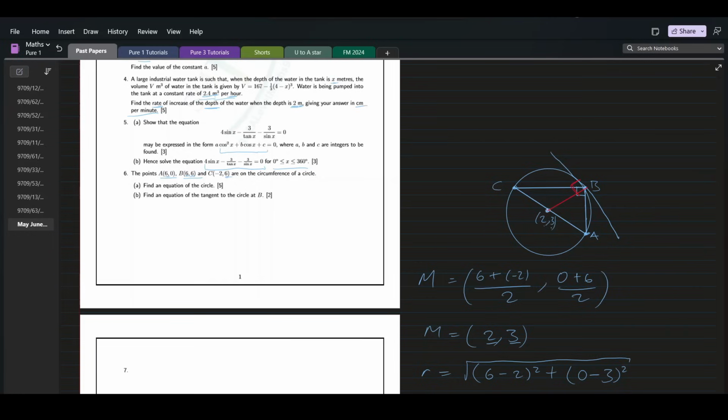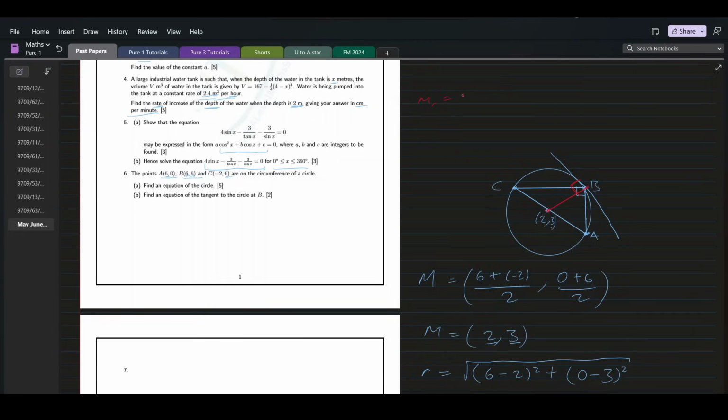So if we can get the gradient of this red radius over here, we can then use the idea that the product of the gradients of perpendicular lines is equal to -1, and that will allow us to evaluate the gradient of the tangent and therefore help us to get the equation of our tangent. So we're going to call this MR, that's the gradient of the radius.